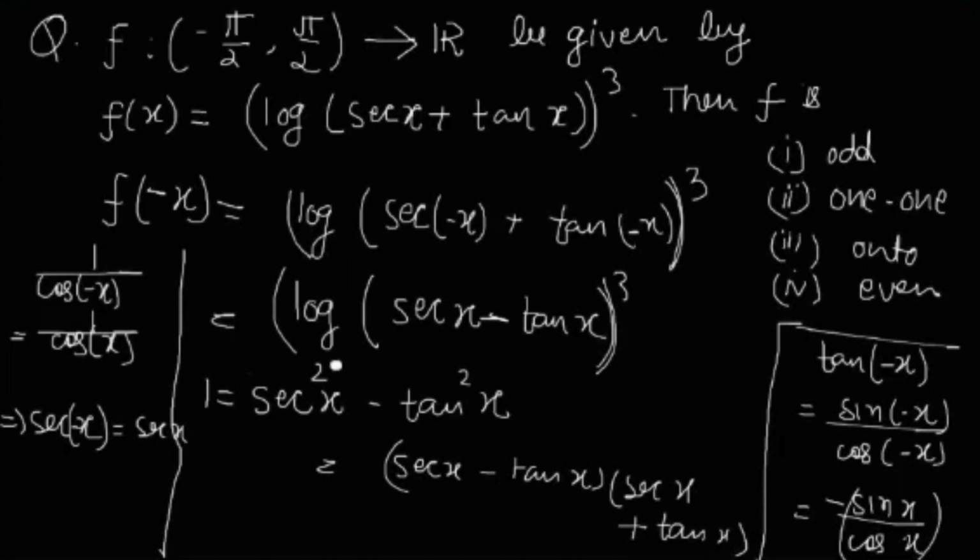So instead of sec x minus tan x, I can write it as 1 by sec of x plus tan of x. Maybe you'll see why that helps. Then it's neither odd nor even, but let's see. So in place of sec x minus tan x, I'll just write 1 by sec of x plus tan of x.